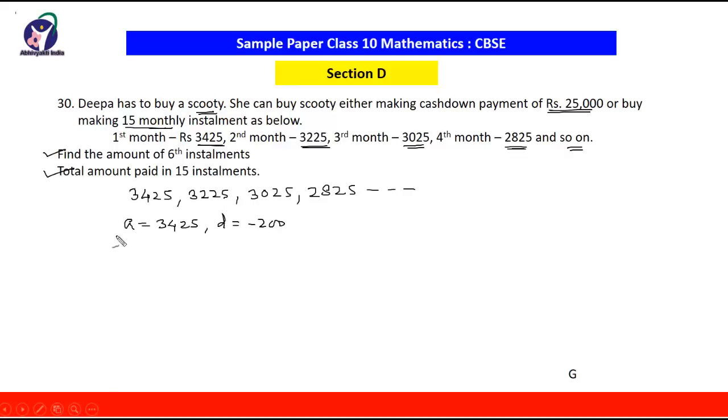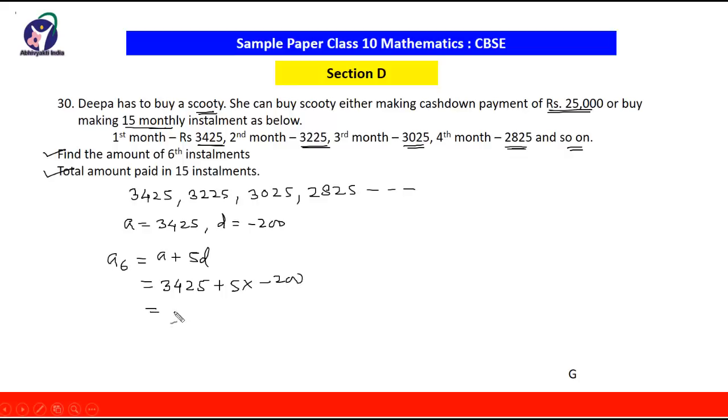First we have to find the sixth installment, it means we have to find A6. A6 is equal to a plus 5d, that is 3425 plus 5 into the difference, minus 200.